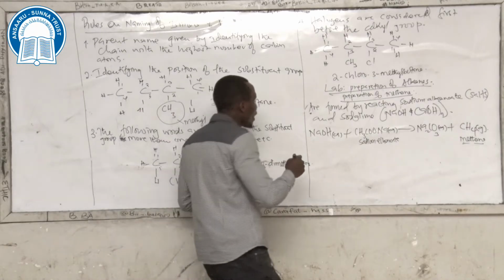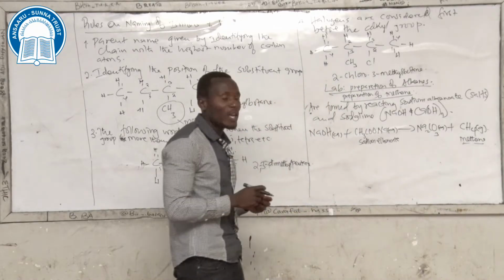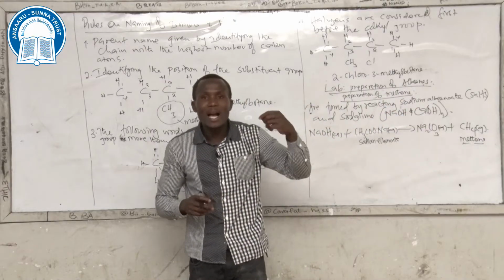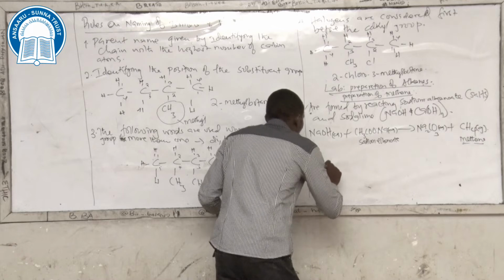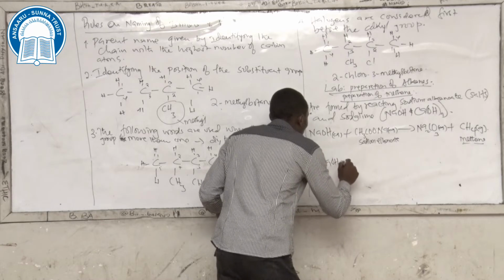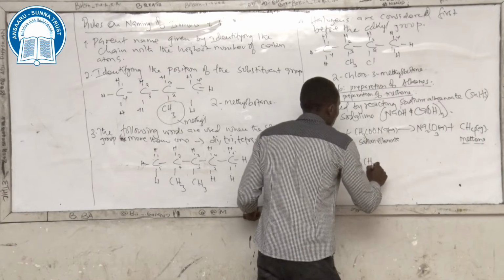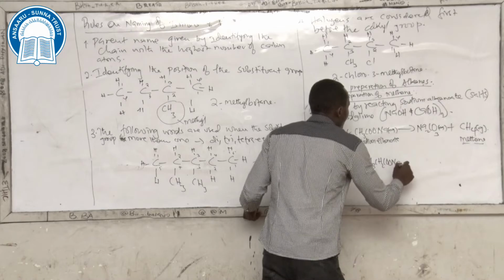They are collected by the over water method. This is preparation of methane. Now if you need to prepare ethane, what do we use? We are going to use soda lime, which is NaOH, aqueous, sodium hydroxide, taking part in that reaction. We use CH3CH2COONa, aqueous.